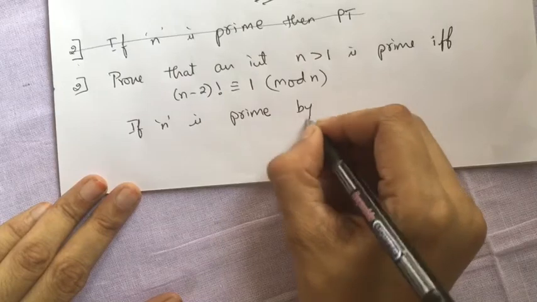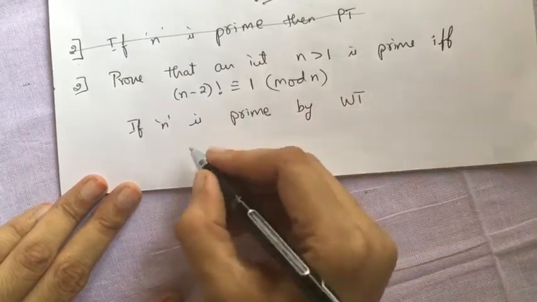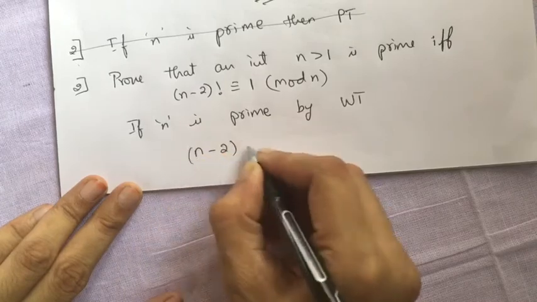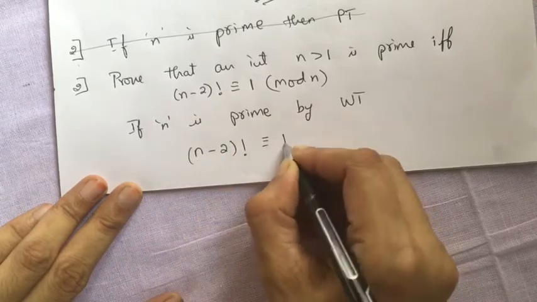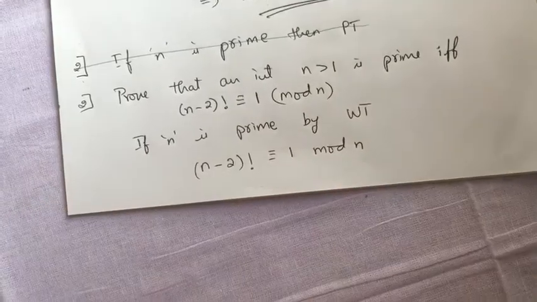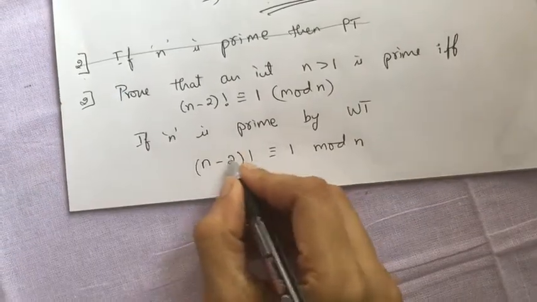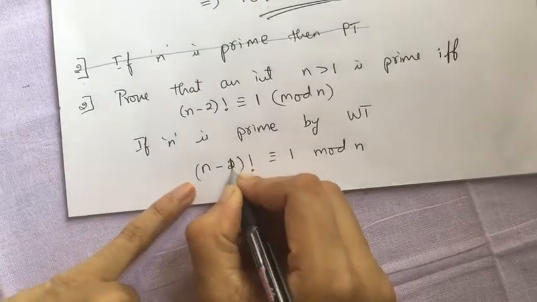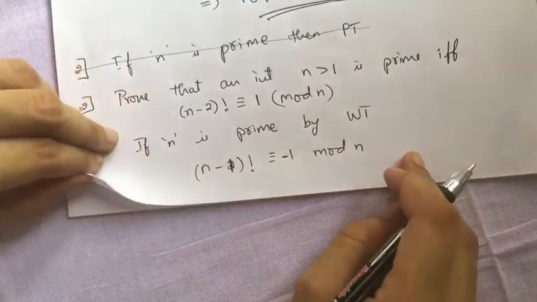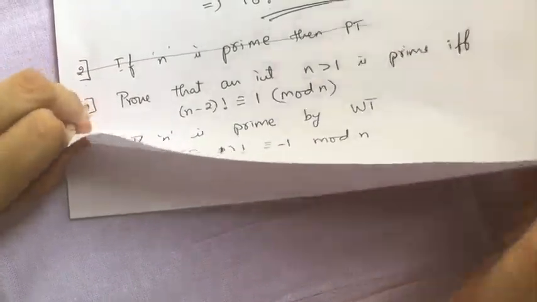then by Wilson's theorem, n minus 1 factorial is congruent to minus 1 mod n. That is from Wilson's theorem.